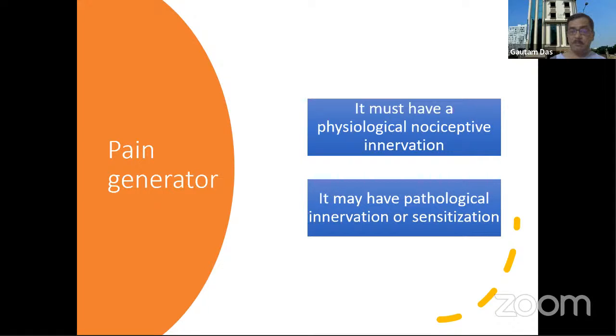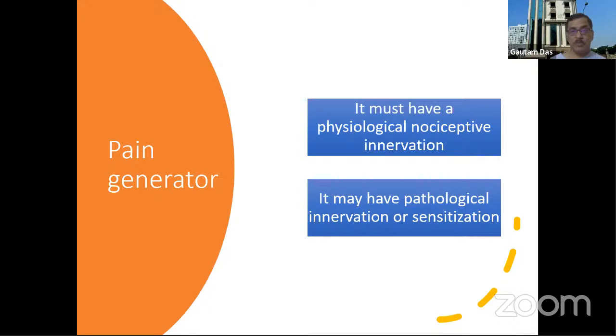Very soon I'll give the example of disc innervation. In a normal, healthy disc, there are no nerves inside the disc. Only the outer one third of the annulus has a nerve supply. But in a degenerative, pathological disc, these nerves grow in.